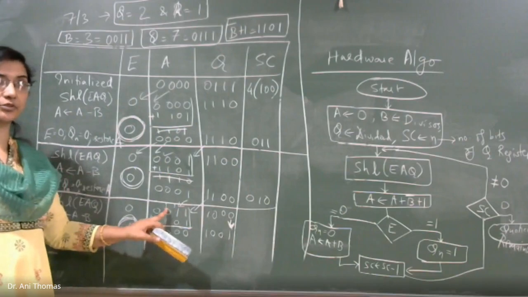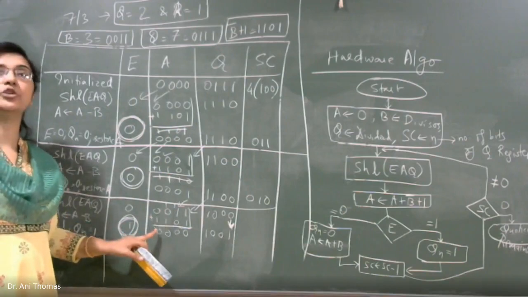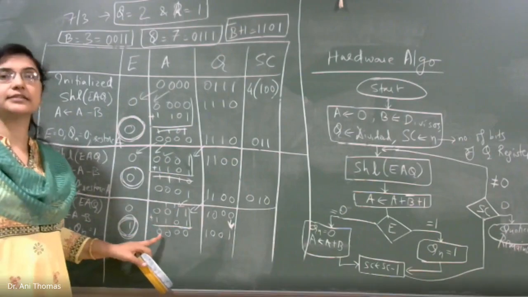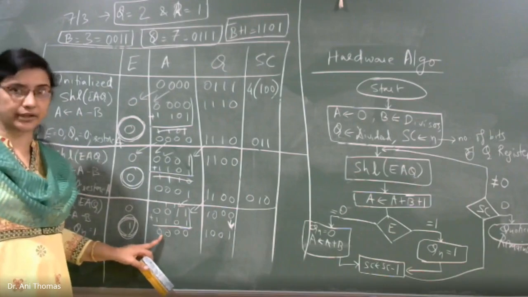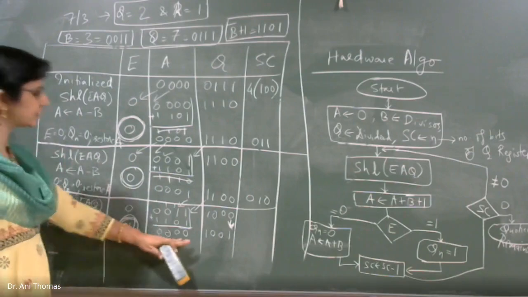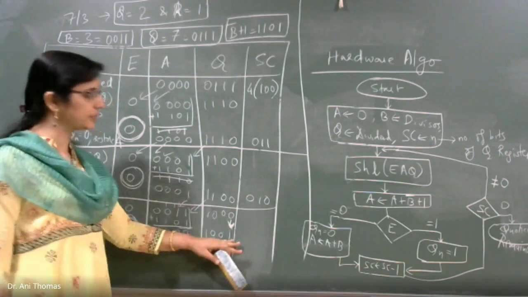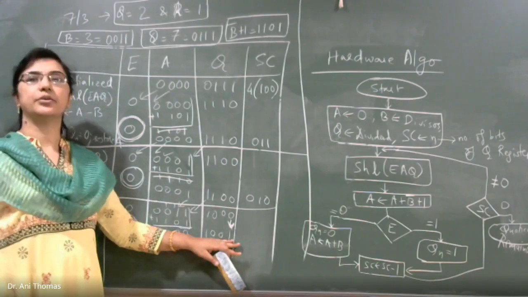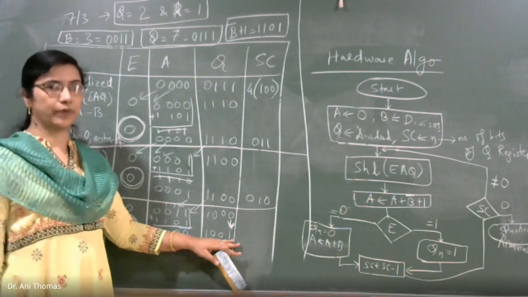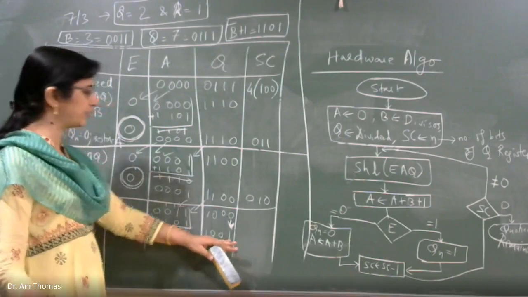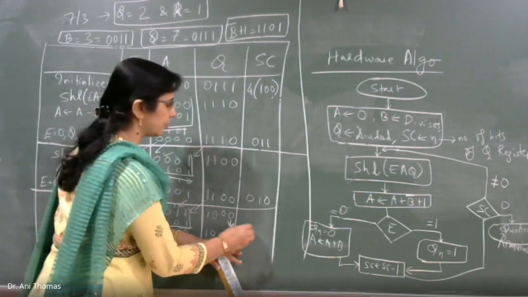We will keep the value after A is A plus B bar plus 1. So now this is your final value 0000, and Qn is changed. Now it is 1001. Now sequence counter decrement is 001.